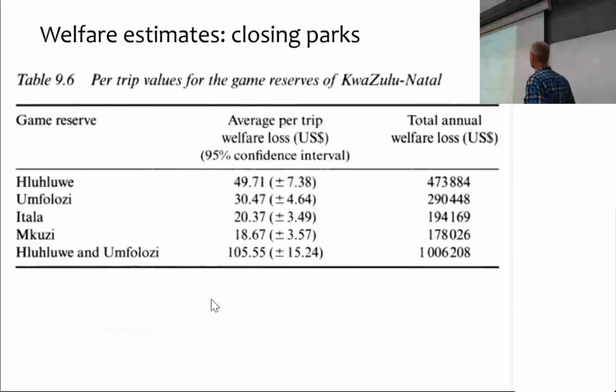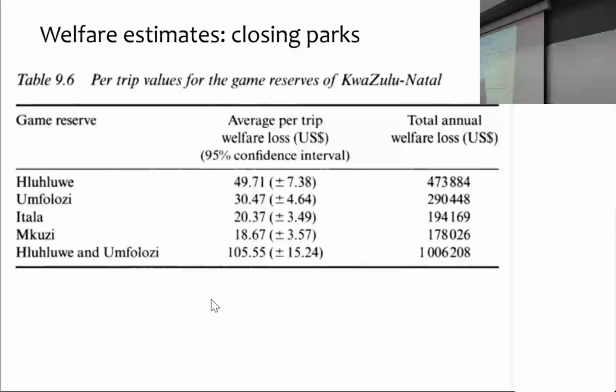And then you can estimate the relative demand, and then you can also estimate what if we would close this park, how much would welfare reduce? So if we close Itala, because that's the easiest to pronounce, the welfare loss would be $20.37 per trip, right?